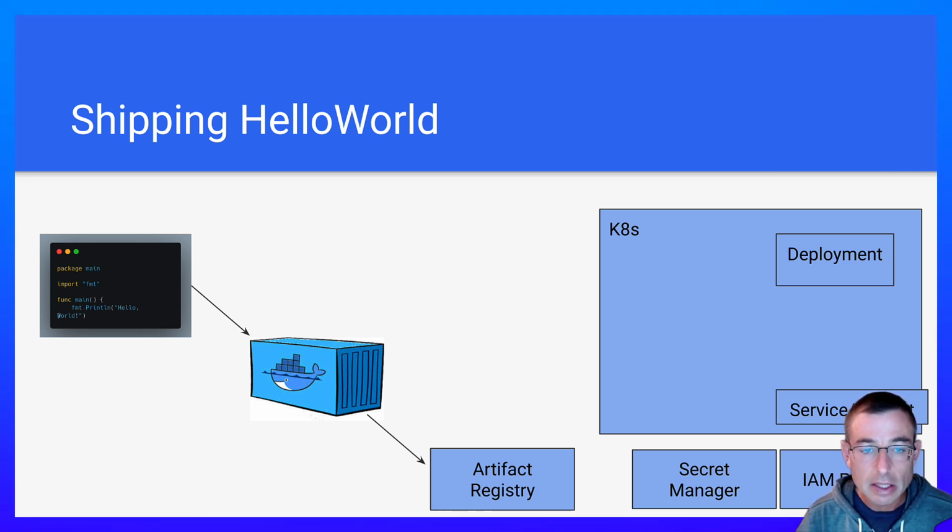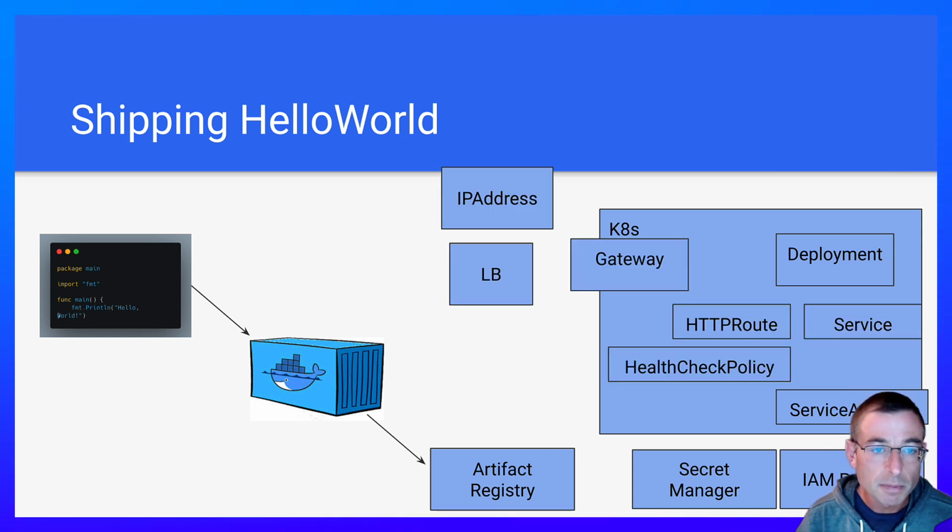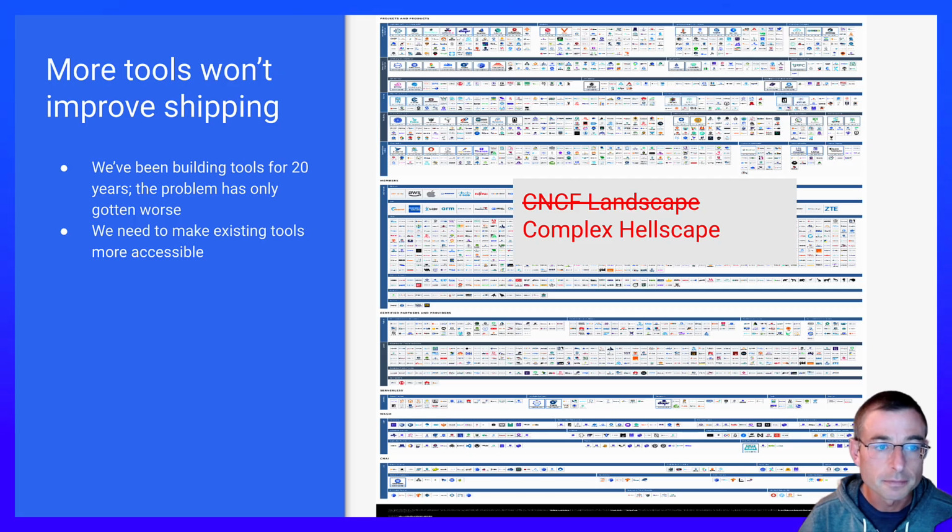And I then had to give them the permissions to be able to access the secret in Secret Manager. And then since I wanted to expose this service to the world, I had to go and create all these resources like a service, an HTTP route, and an IP address in order to expose this service to the world. So quite a lot of effort is involved in deploying this service and then keeping it up and running.